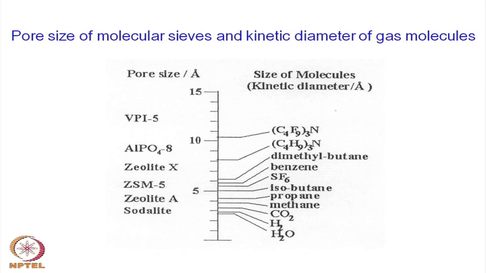Basically, what we are talking about is, first of all, getting a mixture of gases, hydrogen and carbon dioxide, from the available hydrocarbons, and then separating hydrogen and carbon dioxide.